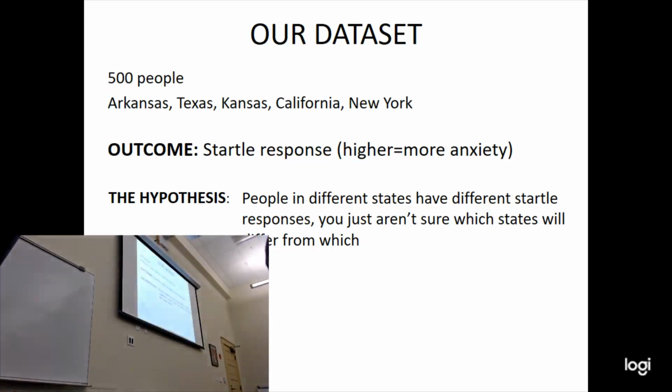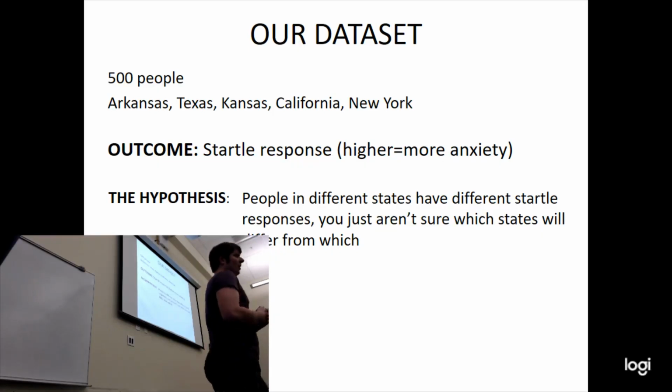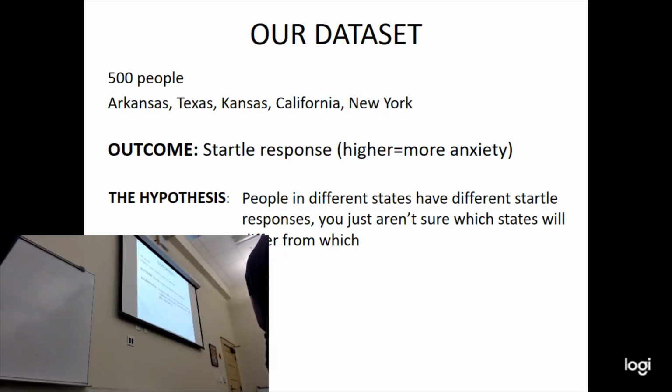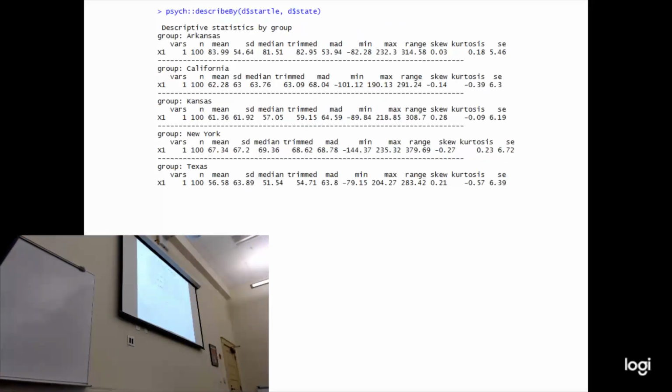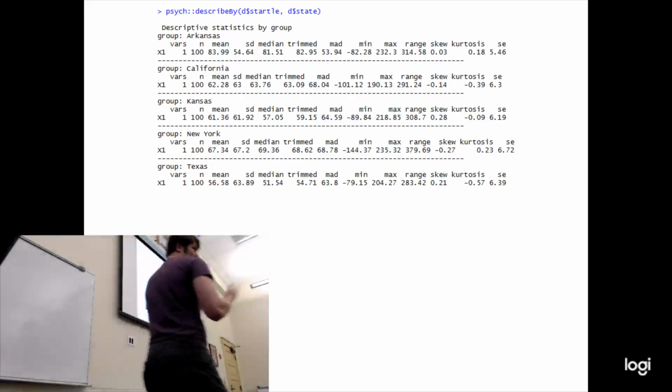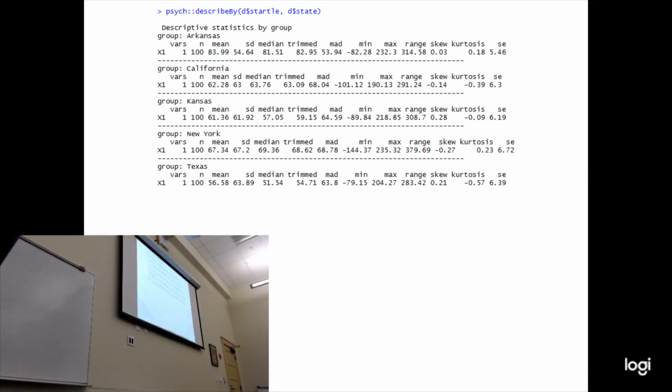I'm not at a place where I can say, okay, people from Arkansas are going to have higher levels of anxiety than people from New York. Not at that level, but I might have some reason to believe, for example, that one of the states is going to have higher levels of anxiety than another state. So let's say I have my data and I'm just curious. I end up looking at descriptive statistics.